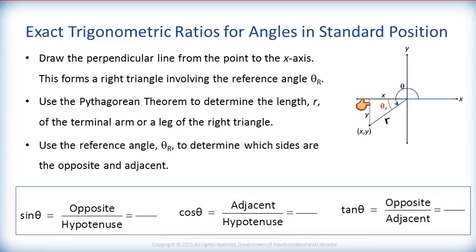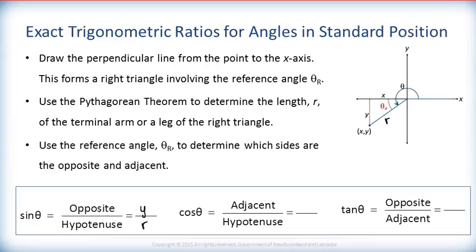Then, to determine what's opposite, adjacent, and hypotenuse, we'll use the reference angle. So for the sine of the angle, the opposite is y, the hypotenuse is r. In other words, the sine of the angle will be the y value divided by r. We call this side r, by the way, because it is really the radius of a circle that we just haven't drawn here.